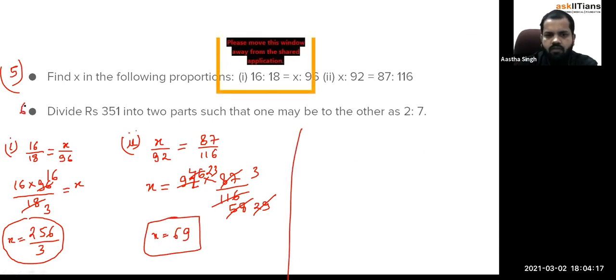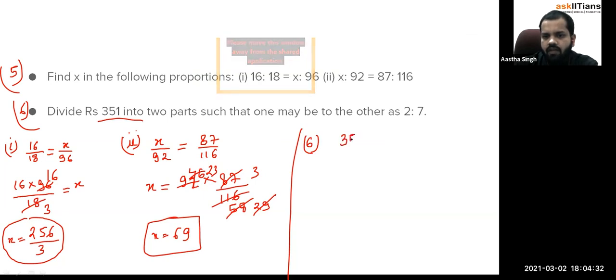Now comes your sixth question. Try to do it by yourself first, guys. Divide 351 into two parts so that the ratio is given. Question 6 is telling you to divide 351 into two parts. The ratio is given as 2 ratio 7.